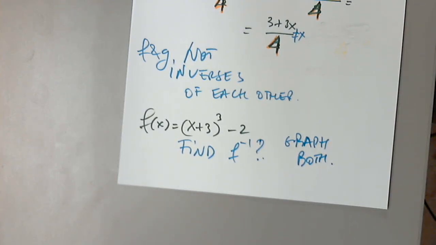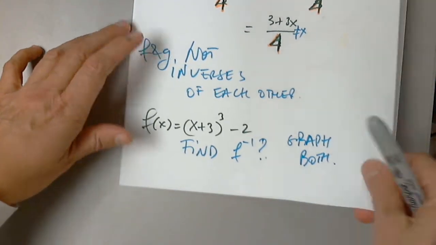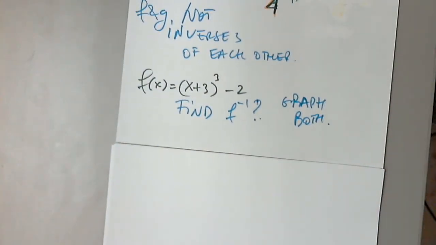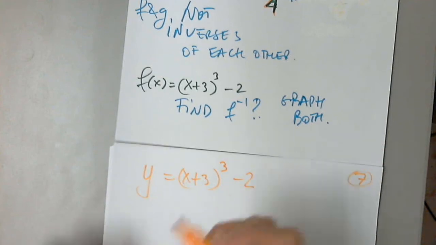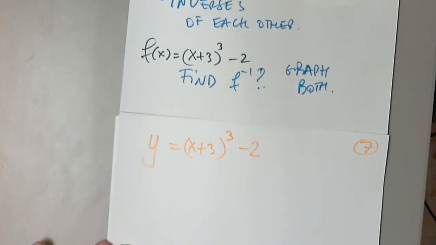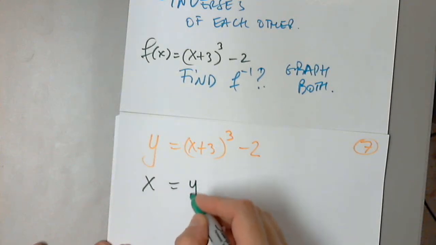Yes, Marisa? So this type of problem, do we have to show every single step, like switching the x's and y's? Yes, please. So first step, please. Good. y equals (x plus 3) cubed minus 2. Great job. Then?